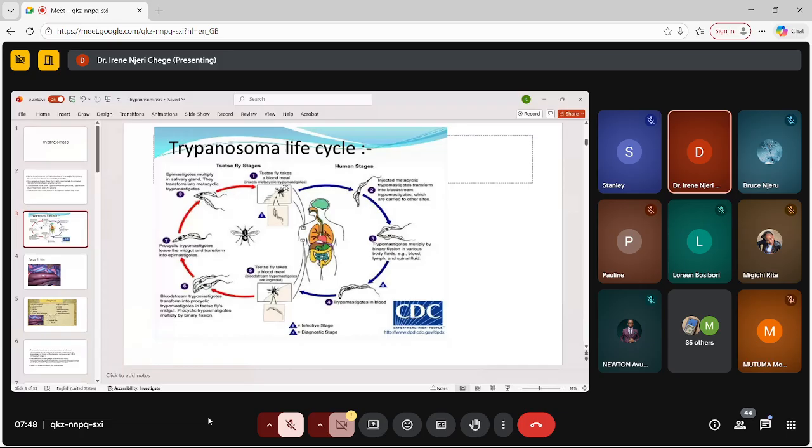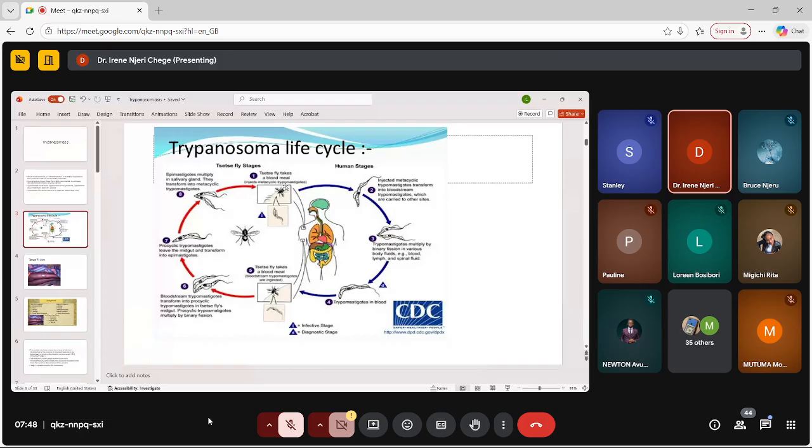So now, what are the treatments for this condition? What are the treatments for this trypanosome hemoflagellate? We have pentamidine for T. brucei gambiense. We have suramin for T. brucei rhodesiense.